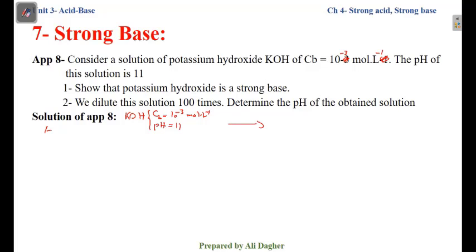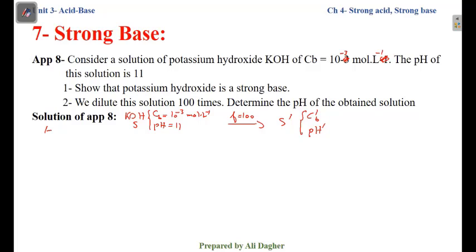Then we dilute this solution 100 times to obtain solution S', of C'b and pH'. Part 1: from pH and Cb, we have two methods to show that KOH is a strong base.